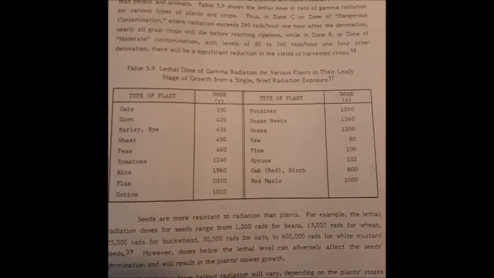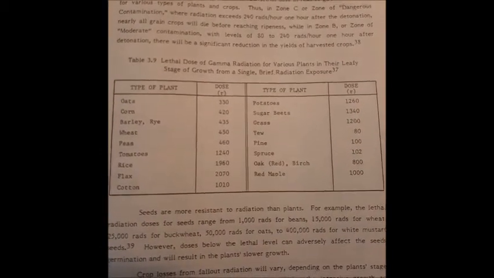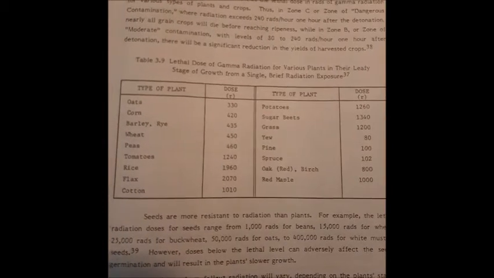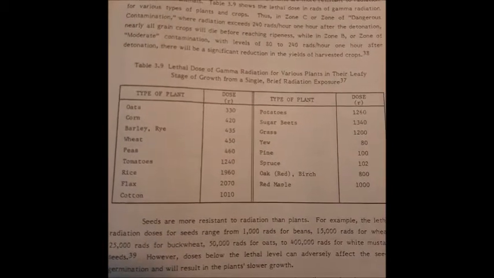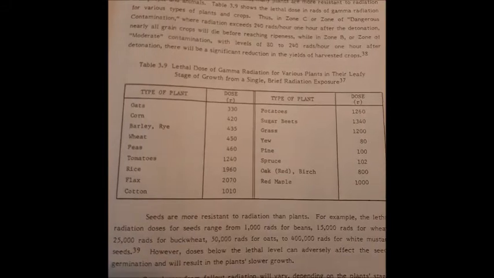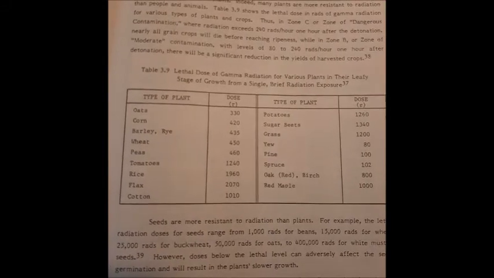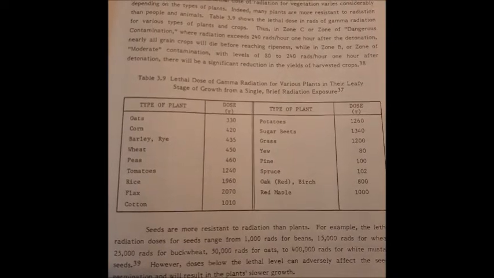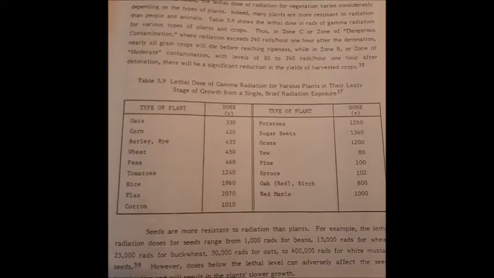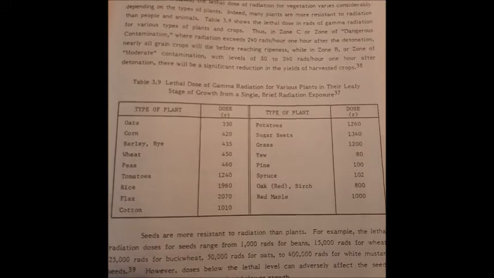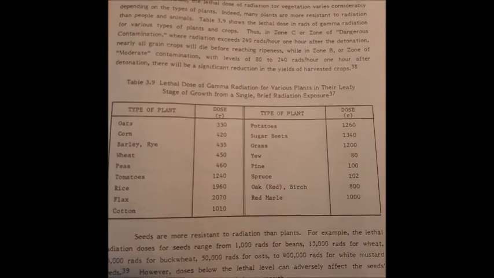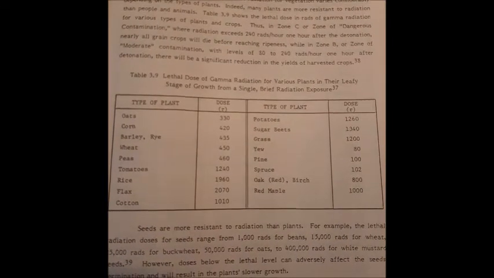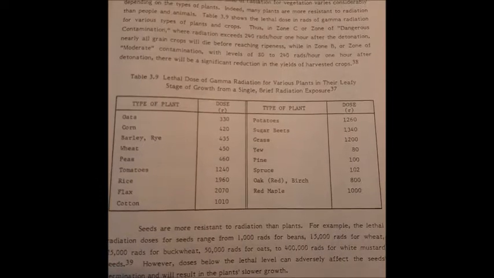This is your critically important table. This gives you your produce: oats, corn, peas, tomatoes, flax, pine trees, oak trees, maple. Also gives you sugar beets, potatoes, so it gives you crops that are above ground, below ground, and also shows you the trees you would use to make various things.